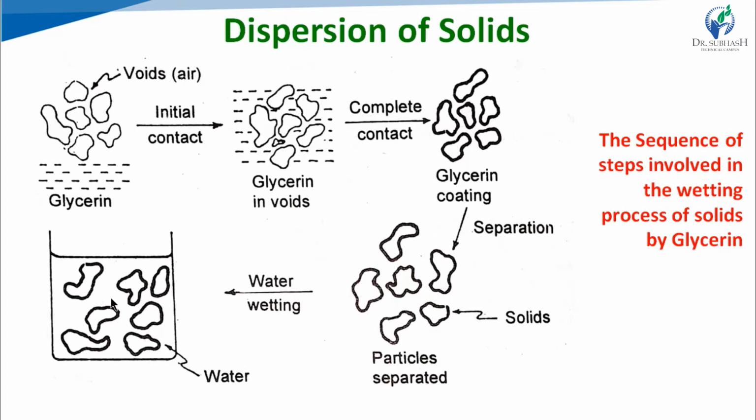So this is one approach we can use to prepare the dispersion of the solid. Water has miscibility with glycerin, that's why this is possible, and in the same way we can use alcohol also. By this way we can prepare the dispersion of solid by using a co-solvent.